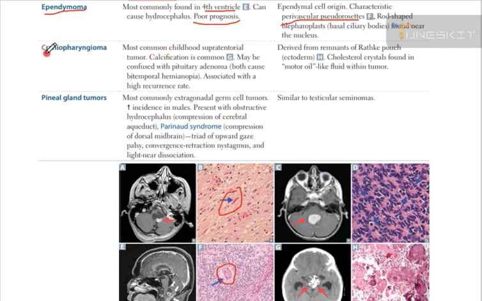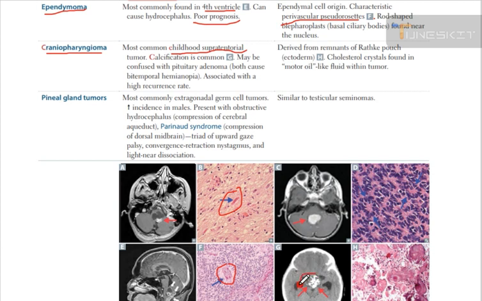The next is craniopharyngioma, the most common childhood supratentorial tumor. Calcification is common, as you can see in the MRI or CT scan picture.